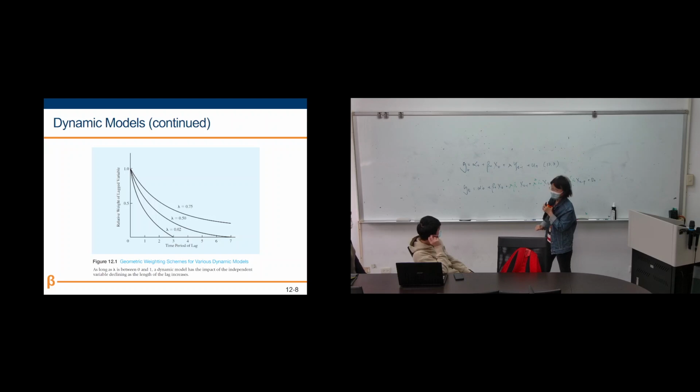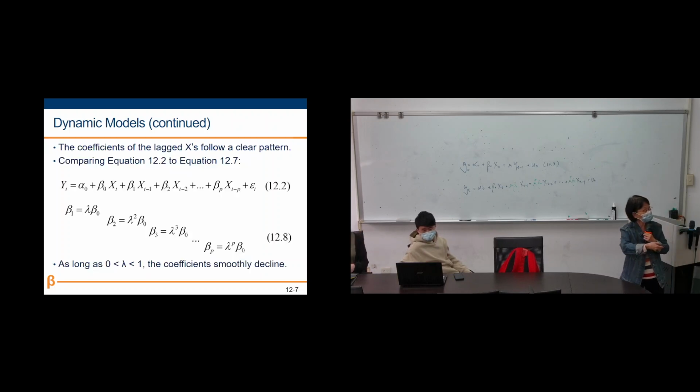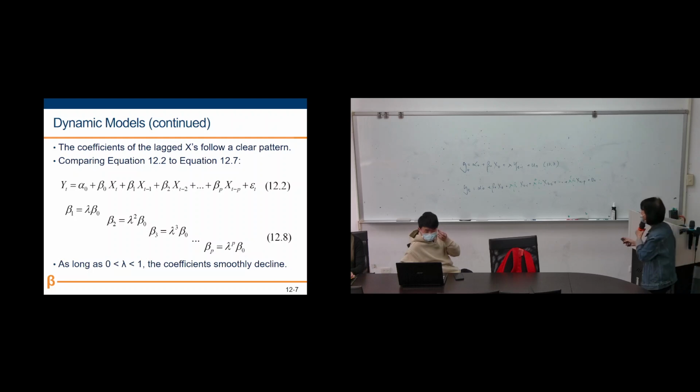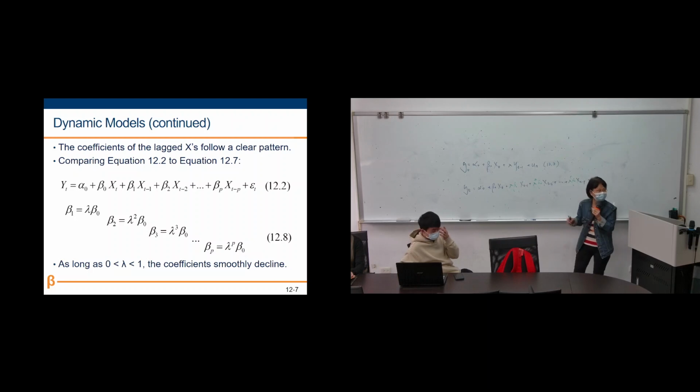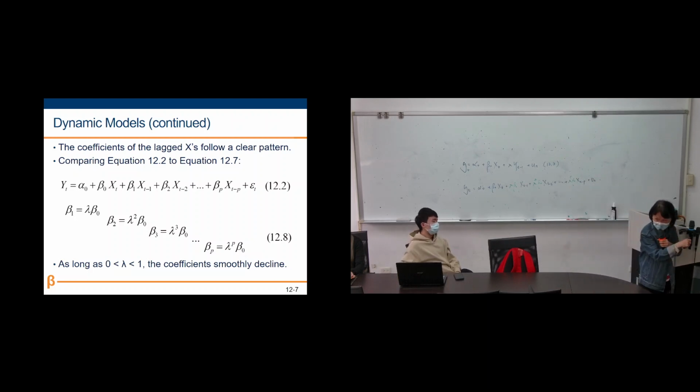Okay? All right? So let's see this one. As long as lambda is between 0 and 1, the numbers of this one will smoothly decline.